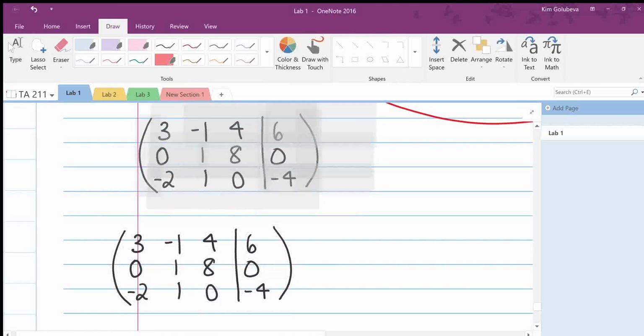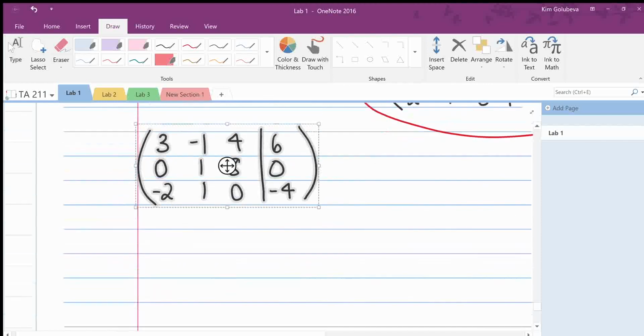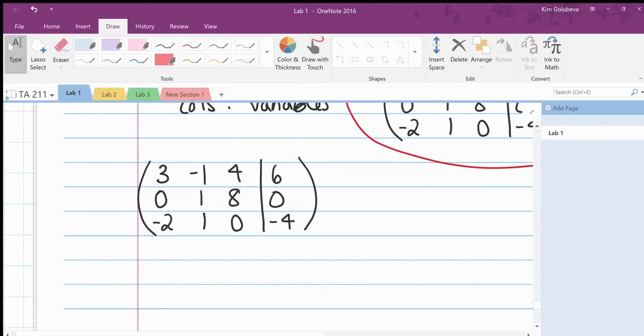Okay, sorry about that. So you're going to try and make a leading one if you don't have one. So we see right here that we don't have a leading one, unfortunately, in this corner, but we do see that we have a negative 2 here. And 3 minus 2 equals 1. So it gives us exactly what we want. We want to have a leading one.